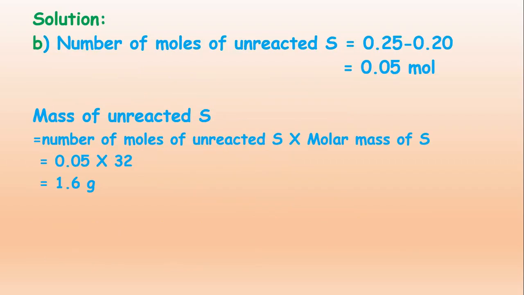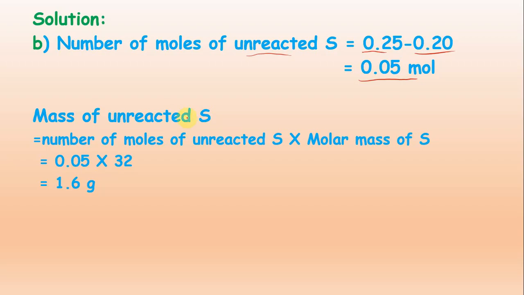Now the B part: the number of moles of the unreacted reactant, which is in excess. The total number of moles is 0.25, and when we subtract 0.2 from this, the answer will be 0.05 mole of sulfur which is remaining. This is in excess.